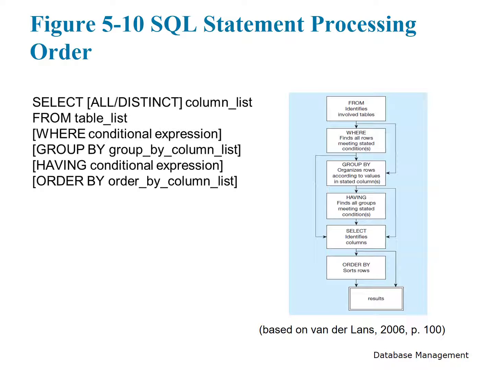Figure 5-10, SQL statement processing order. Select all, distinct column list from table list, where conditional expression, group by column list, having conditional expression, order by column list. The select clause specifies which columns to return.